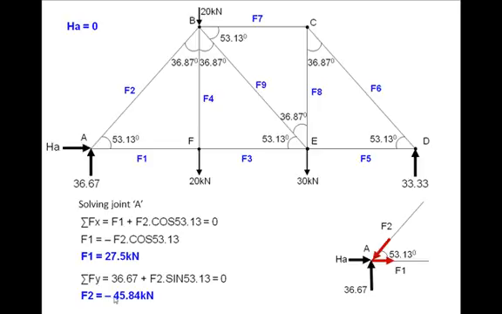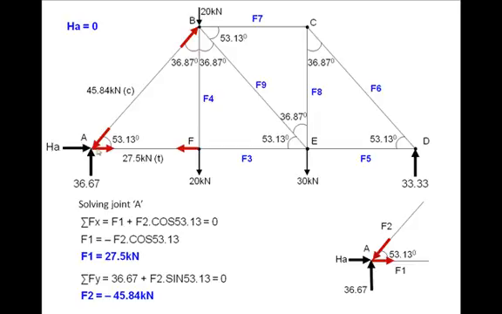Now F2 came out negative, which means the force was actually like this. As against this, if this is tension, this is a compressive force. So I have got all the information about F1 and F2, and we transfer it to the main figure. F1 is 27.5 tension, F2 is 45.84 compression.